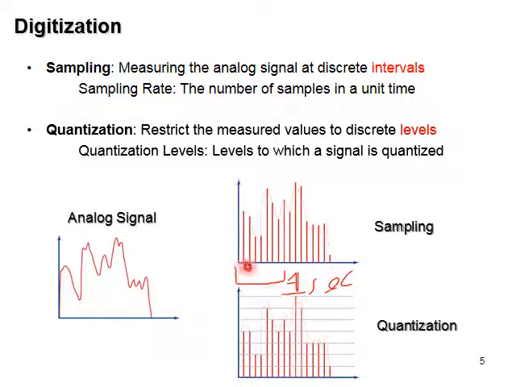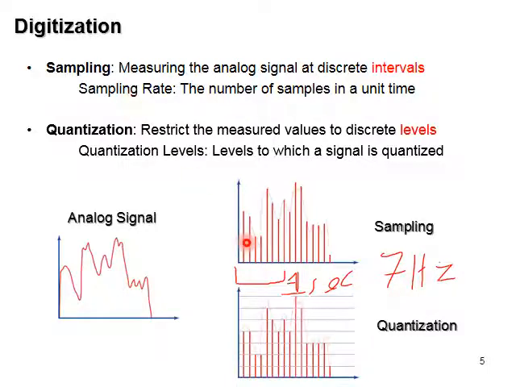We have 1, 2, 3, 4, 5, 6, 7. So 7 samples per second, which means that the sampling rate is 7 hertz. So the unit hertz is the number of samples that you take per second. So if you take 7 samples per second, this means that you have a sampling rate equal to 7 hertz.